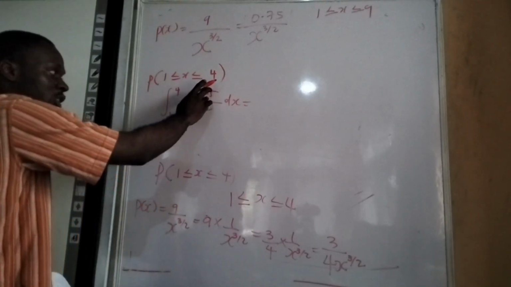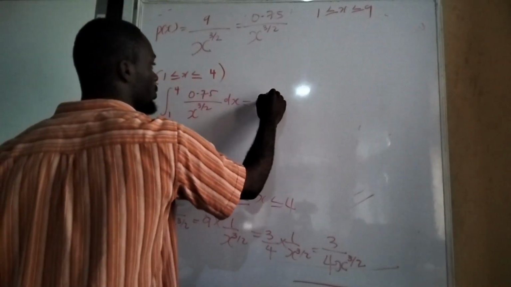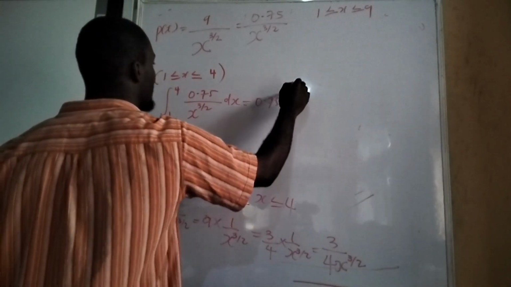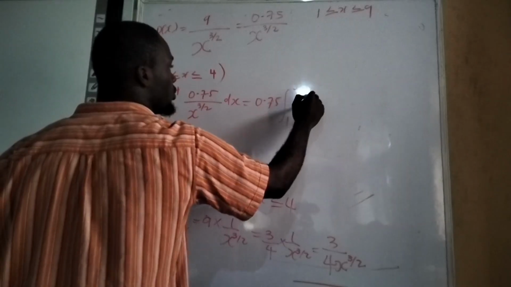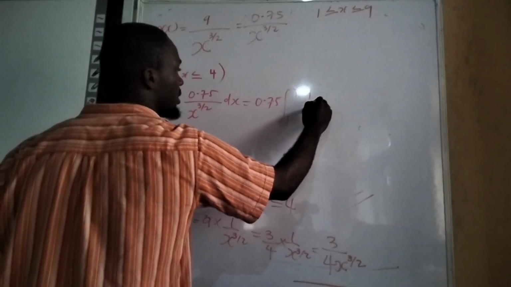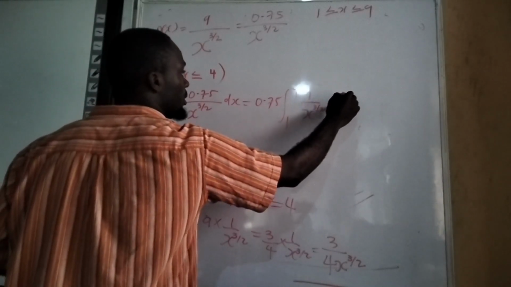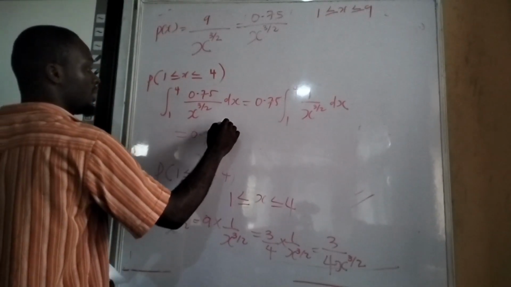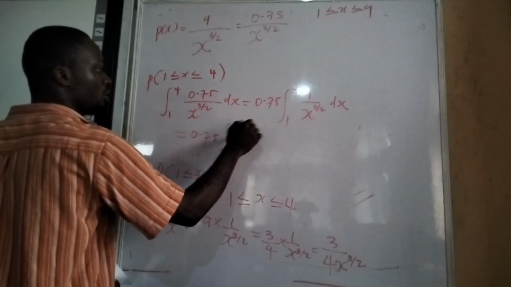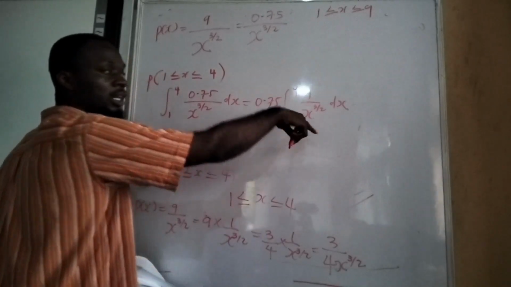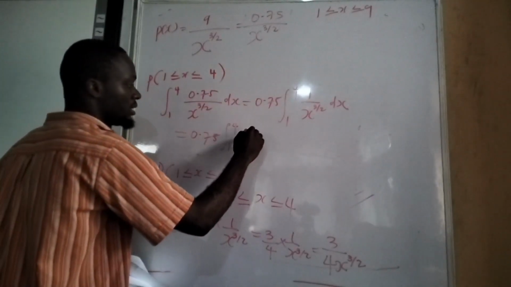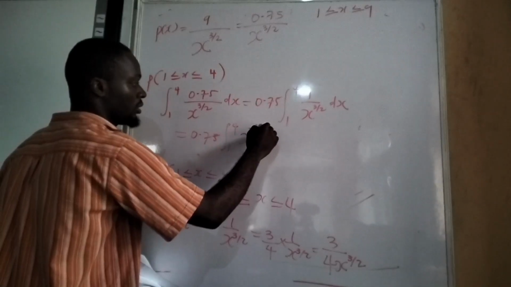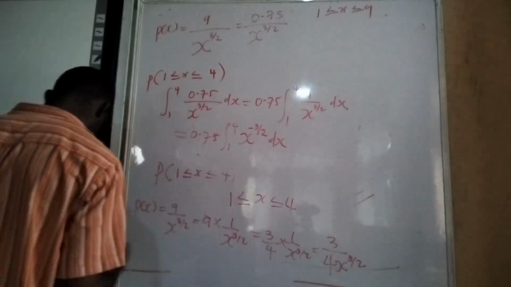So you see, you bring this constant outside. 0.75 integrate from 1 to 4, 1 over x^(3/2) dx. So this is equal to 0.75 integrated from 1 to 4, and for it to be easy to integrate, it becomes x to the minus 3 over 2 dx.